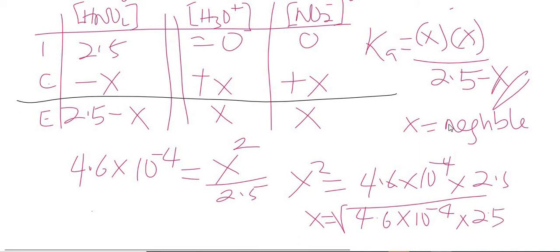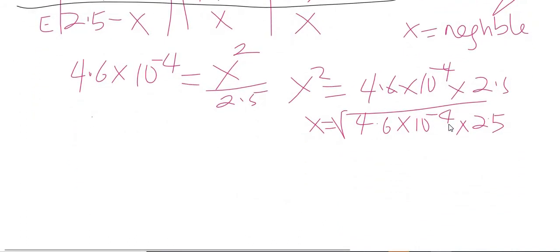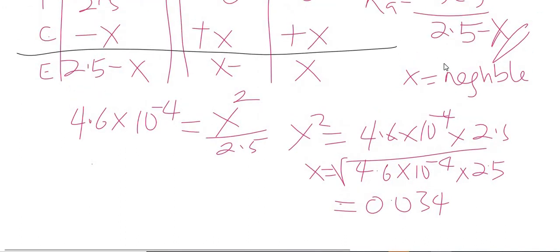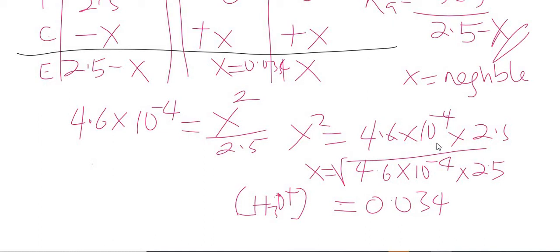When we plug this into the calculator, x is 0.034, which represents our hydrogen ion concentration from the table.